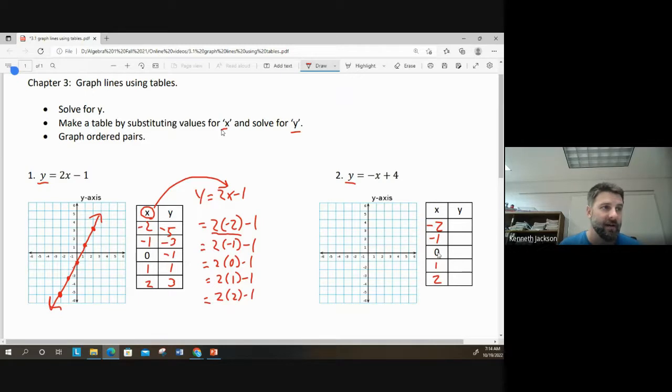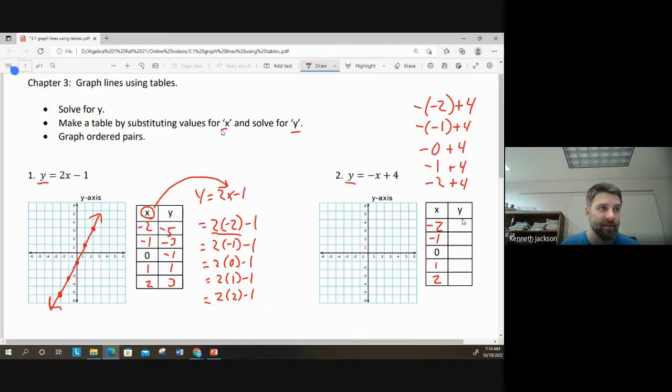Same thing on number 2, I've got to take all of these values and plug them in for x. So that would be negative 2 plus 4, negative 1 plus 4, 0 plus 4, 1 plus 4, 2 plus 4. Taking these values for x, plugging them in for y.